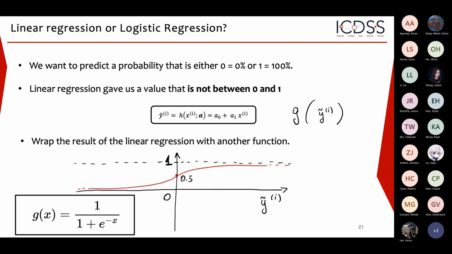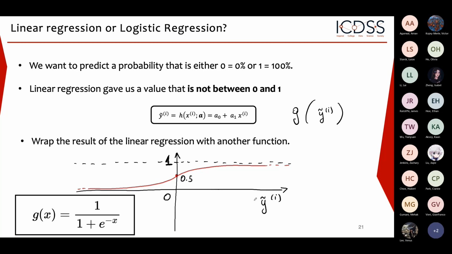So one trick to do that is that we take the output of our linear regression and we apply another function on top of it. And this function is this function here on the bottom. Why choose this function? Because this function is going to send very high values out of the linear regression to 1, and it's going to send very negative values to 0.